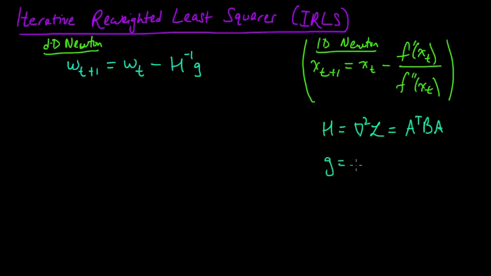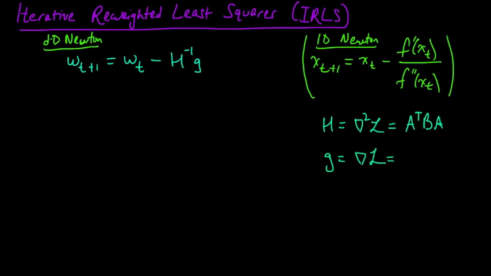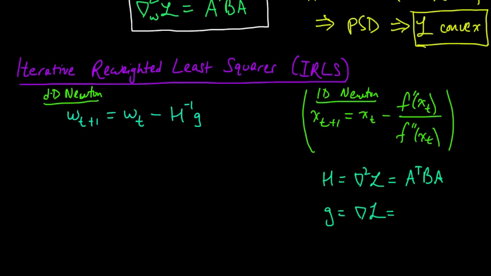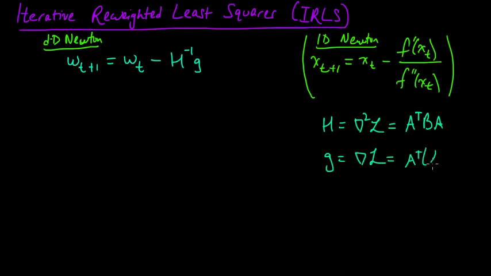And the gradient g was A transpose times alpha minus y, where alpha was the sequence of alphas, alpha_1 up to alpha_n, that is, the vector alpha, and y is the vector of target values. So let's plug those in here and see what happens.